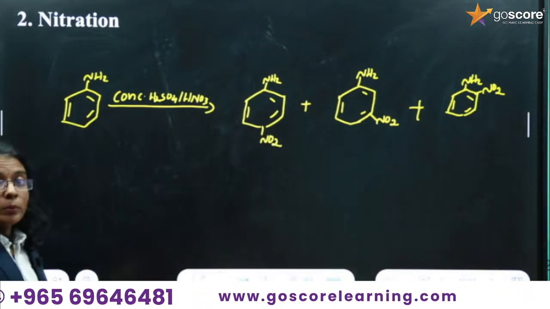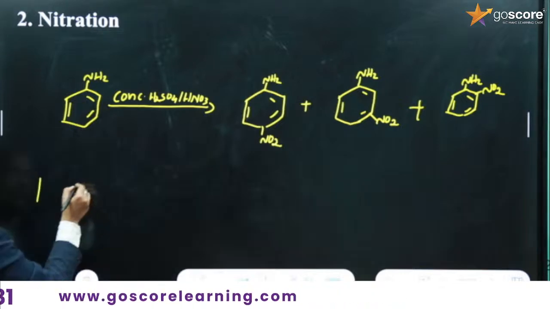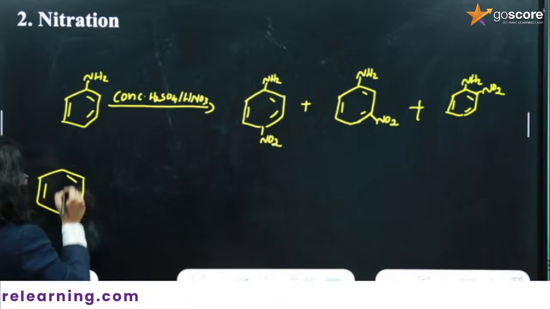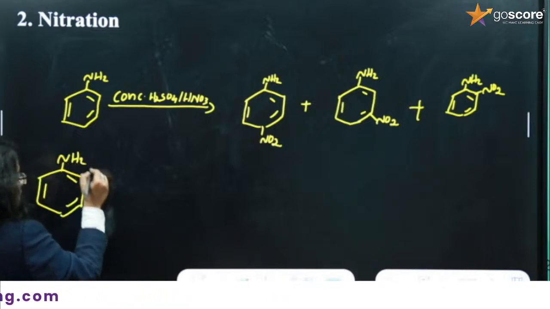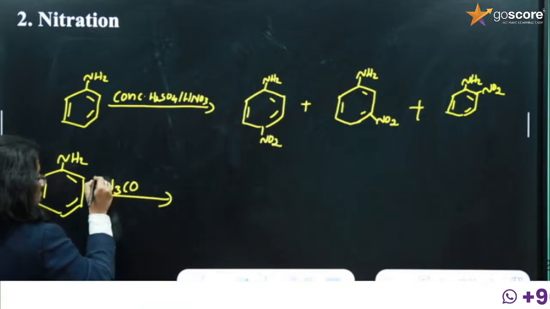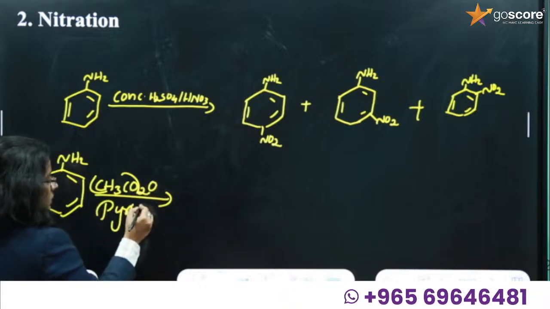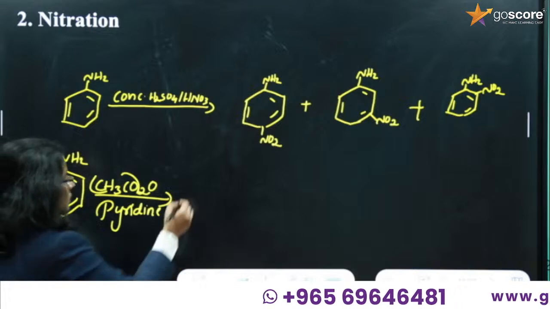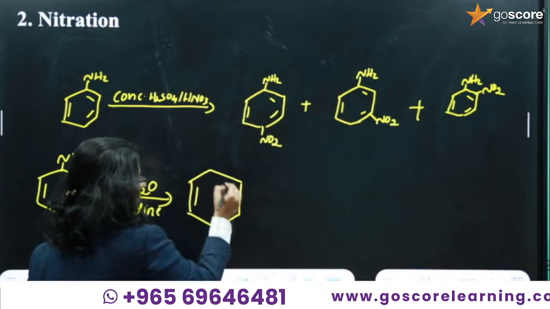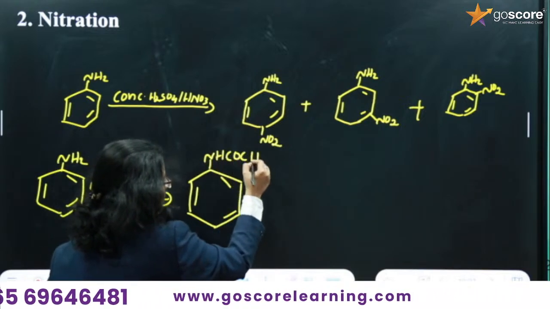But I need only nitro group at the para position. Again, we have to add protecting group here, that is aniline on reacting with acetic anhydride in presence of base pyridine, you will get acetanilide, NHCOCH3.